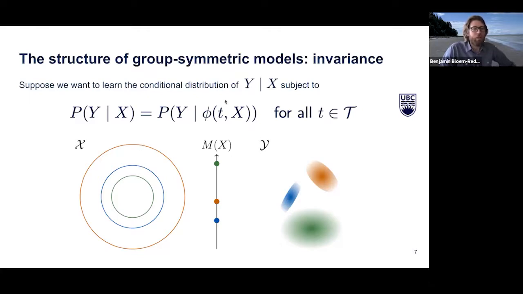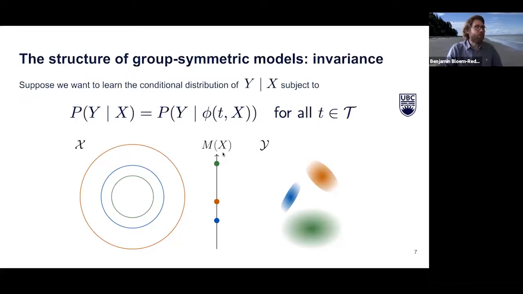and then we can simplify our model using what's called a maximal invariant. The basic idea here is that if we can compute a statistic of our input that tells us what orbit, what equivalence class we're on, then all of the hard learning part is learning the conditional distribution of y given our maximal invariant.